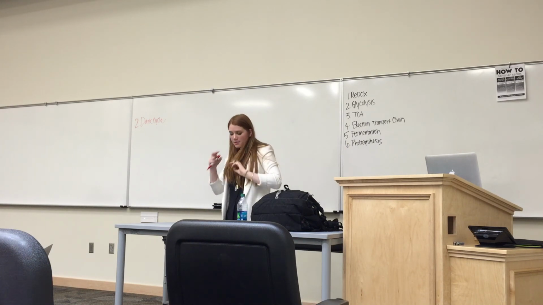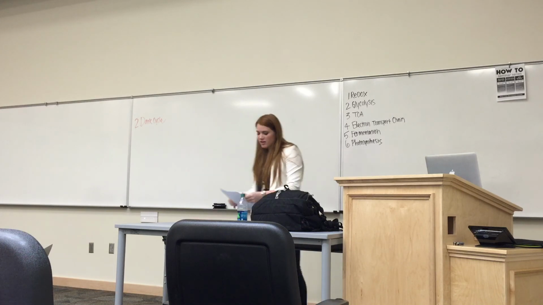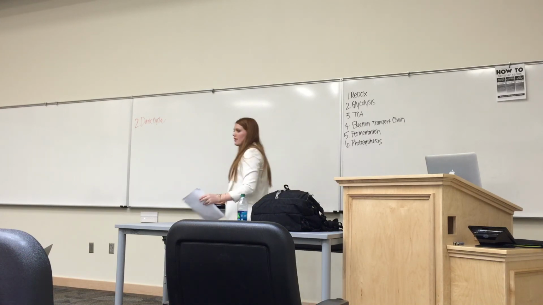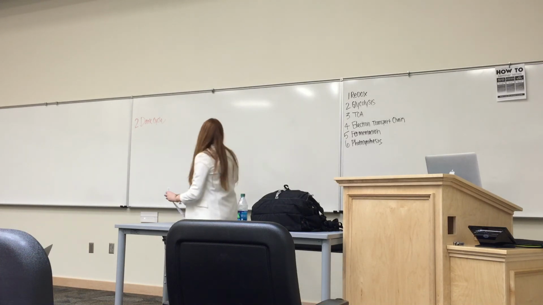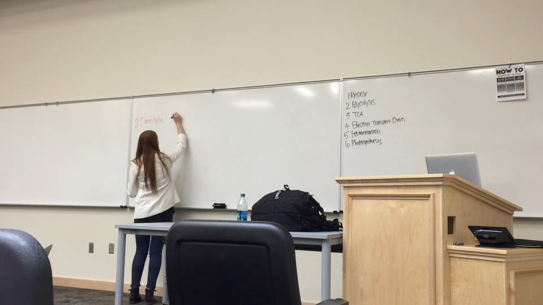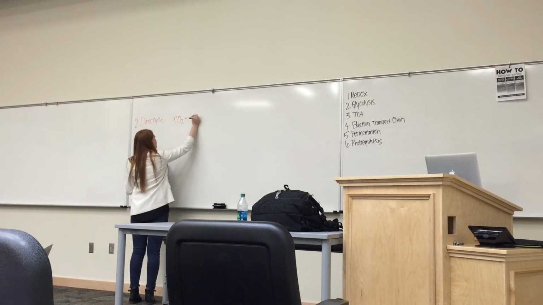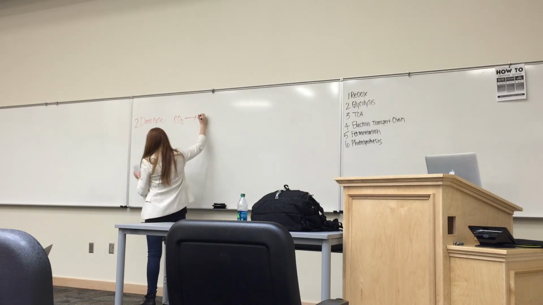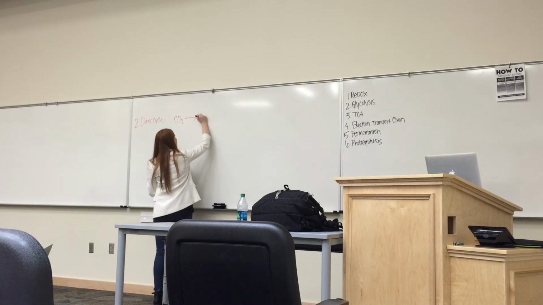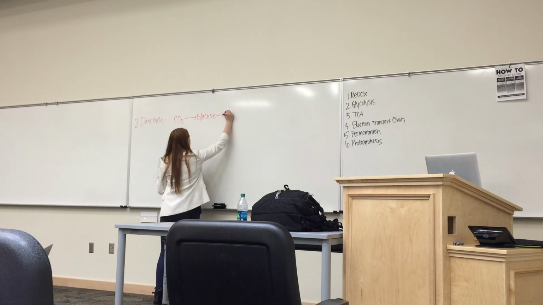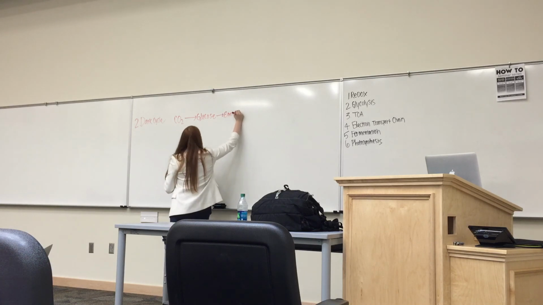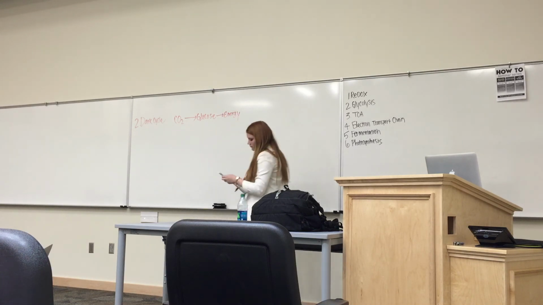So carbon fixation would be a carbon dioxide molecule binding to an organic compound. A good way to remember it is we have carbon dioxide, and it's bound to an organic compound, which would be glucose. And then glucose can go make energy. All right? This is carbon fixation.